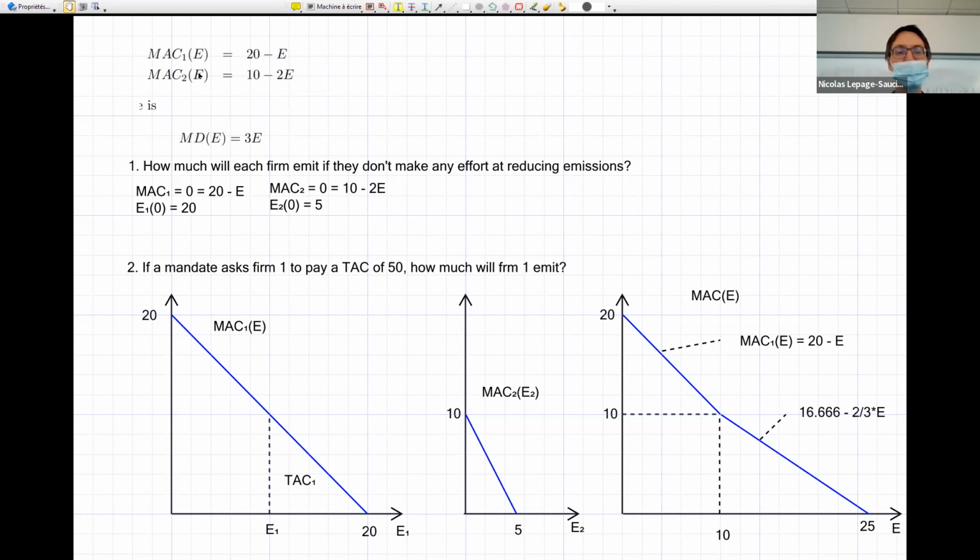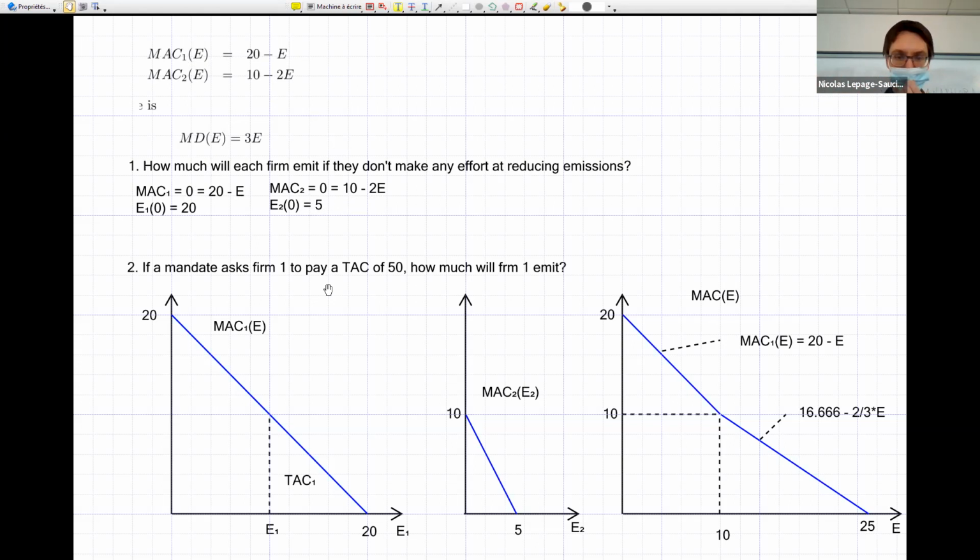You set MAC1 to 0 and you find that E has to be equal to 20. You set MAC2 to 0 and you find that E has to be equal to 10 divided by 2, so 5. If you're in panic mode and you don't remember how to compute this, just do 10 divided by 2, 20 divided by 1. That's how you find it.